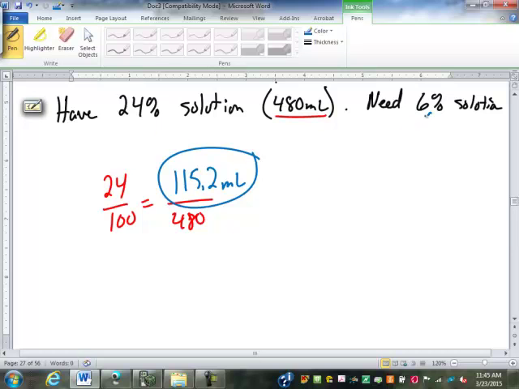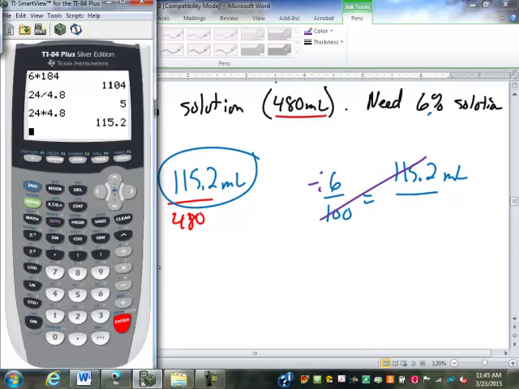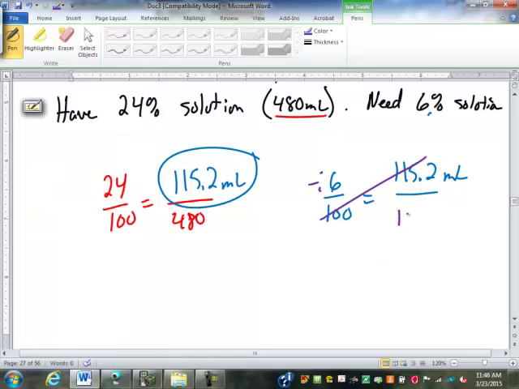To make that an equivalent 6% solution, we still have 115.2 milliliters of concentrate. If we cross multiply and divide, we would have to have a total volume of 1,920 milliliters.